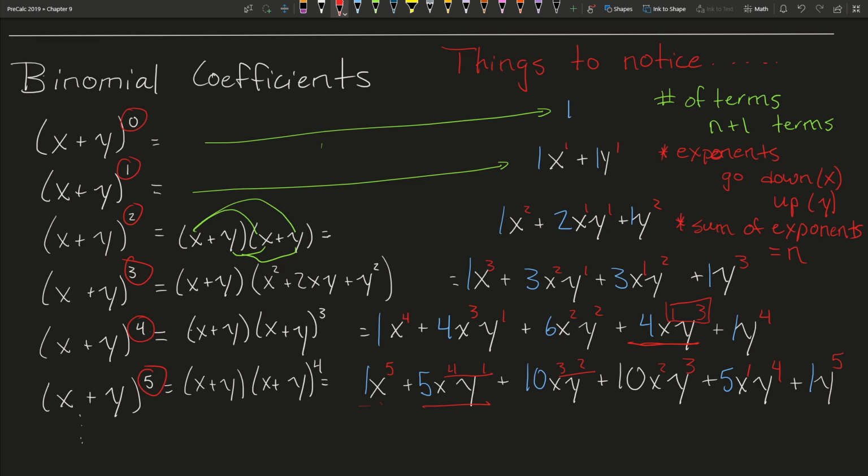All right, and then the last thing I want us to look at are the actual coefficients, which I've highlighted in blue. In blue, you should notice that the coefficients are repeating themselves. They rise up and then they go down.